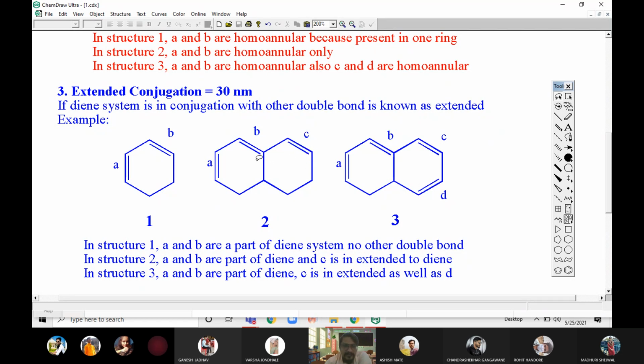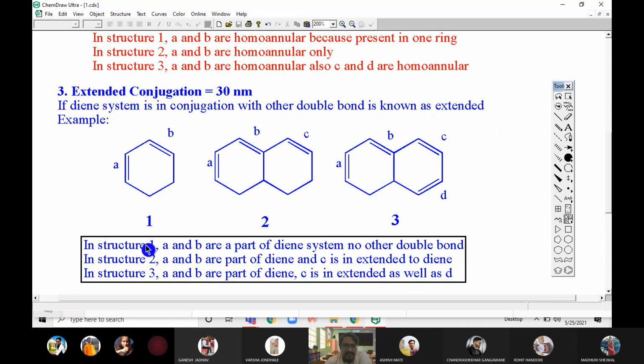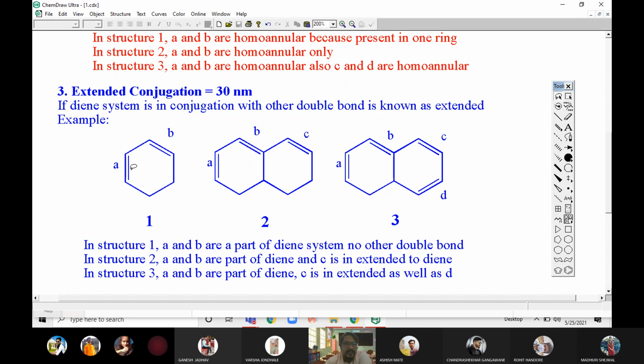Extended means extra. Here in the first ring systems, again similar types of examples are there. Structure A and B are part of a diene system, no doubt, and no other double bond is conjugated with this system. So even if you have to find the lambda max value, you have to add 0 here because there is no extended conjugation.